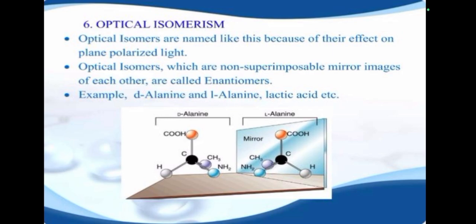Optical isomerism involves anticlockwise and clockwise directions. Examples: dextro and levo forms, and lactic acid, are examples of optical isomerism. These are the classifications of stereoisomerism and of isomerism.